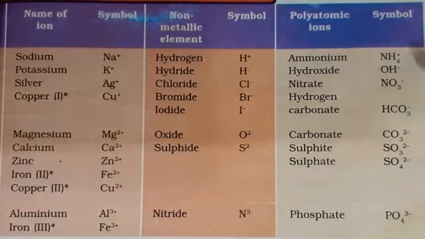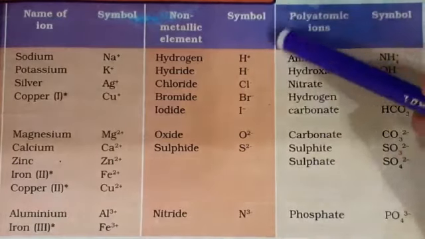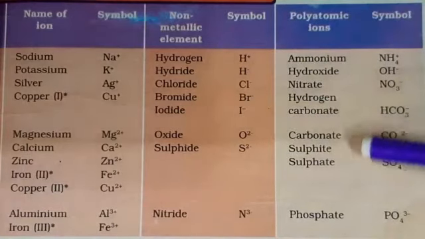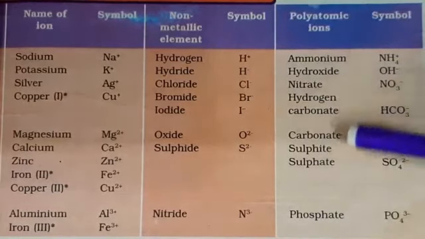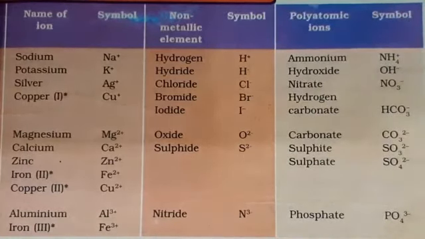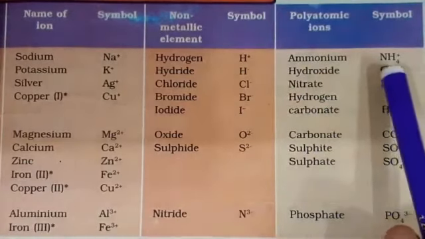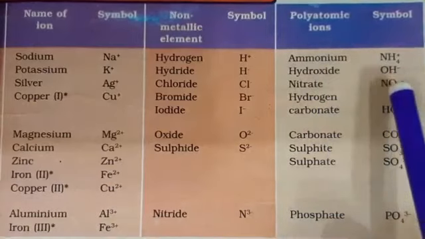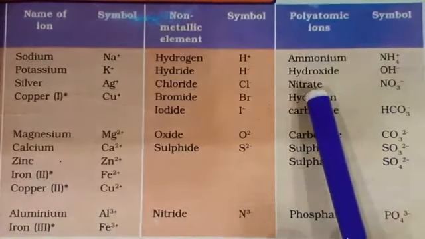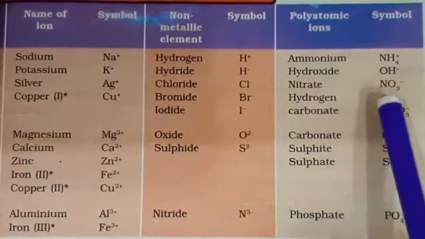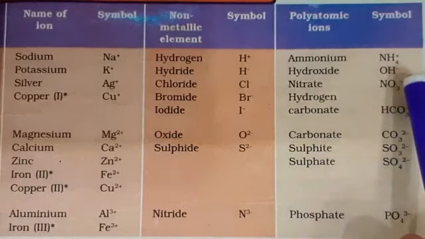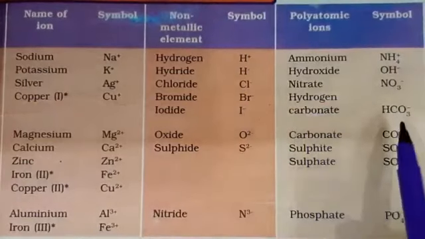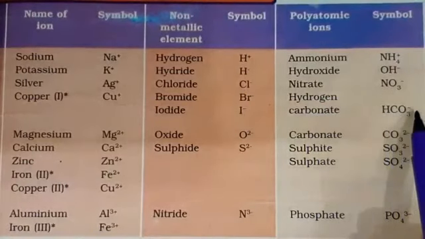In the last column, these are all polyatomic ions. You can see they contain more than 1 atom and bear a net charge. Ammonium, NH4 positive. Hydroxide, OH negative. Nitrate, NO3 negative. Hydrogen carbonate, HCO3 negative.